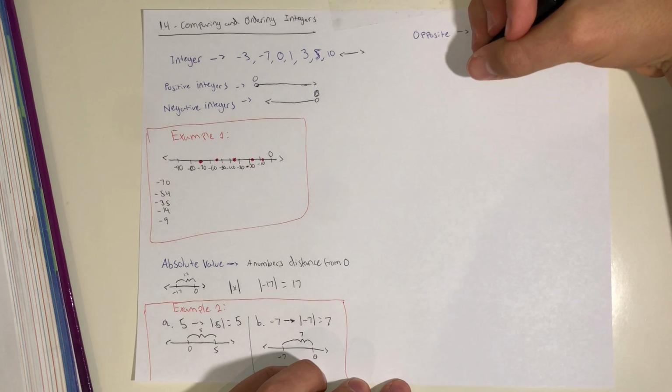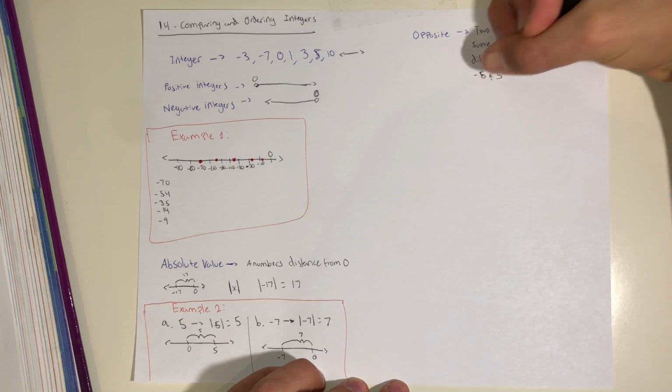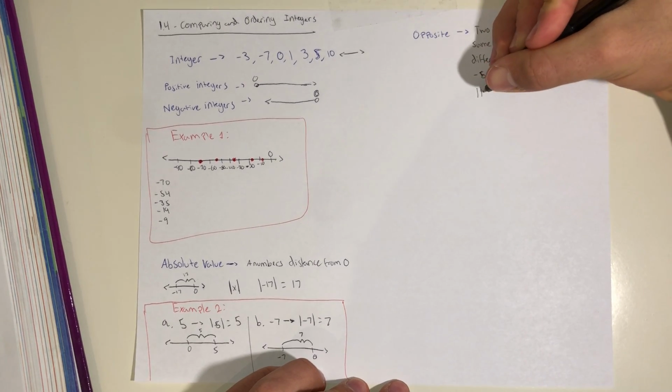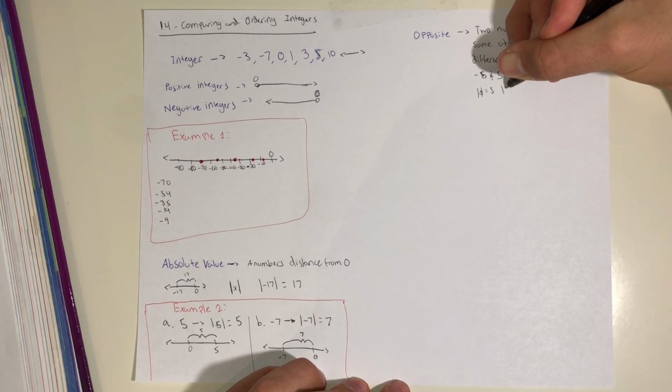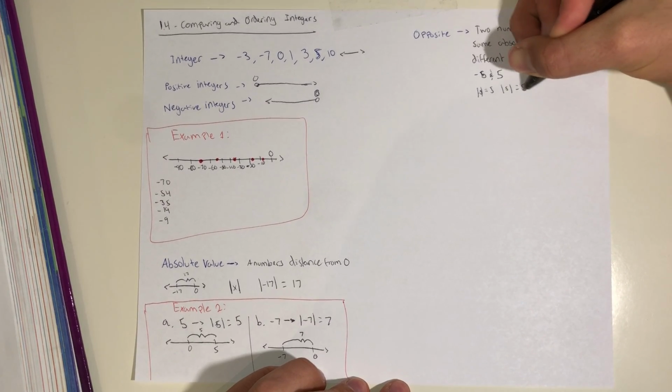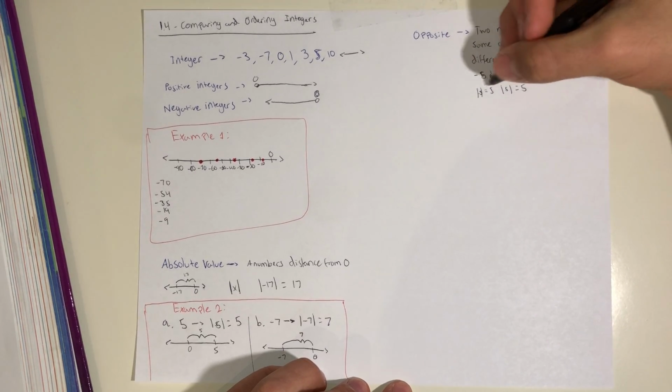So this would be like -5 and 5. The absolute value of -5 would be 5, and the absolute value of 5 would be 5. They have the same absolute value, different signs, so they're opposites.